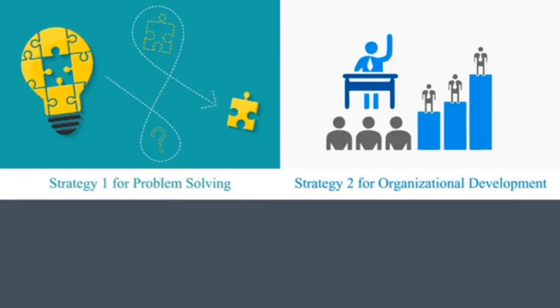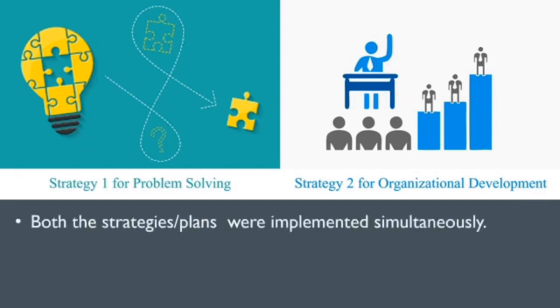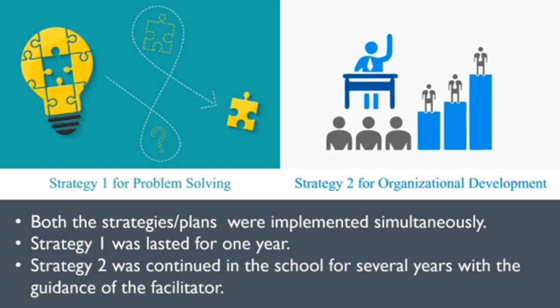The strategy 1 was for problem solving and the strategy 2 was for organizational development. Both the strategies plans were implemented simultaneously. Strategy 1 lasted for 1 year and the strategy 2 was continued in the school for several years with the guidance of the facilitator.